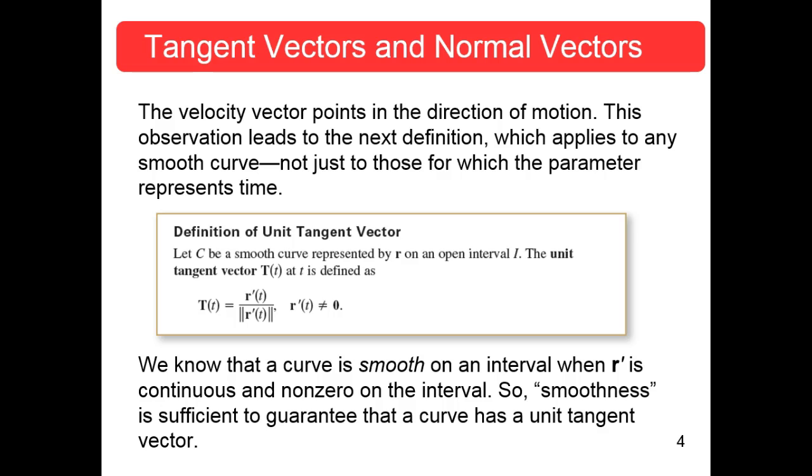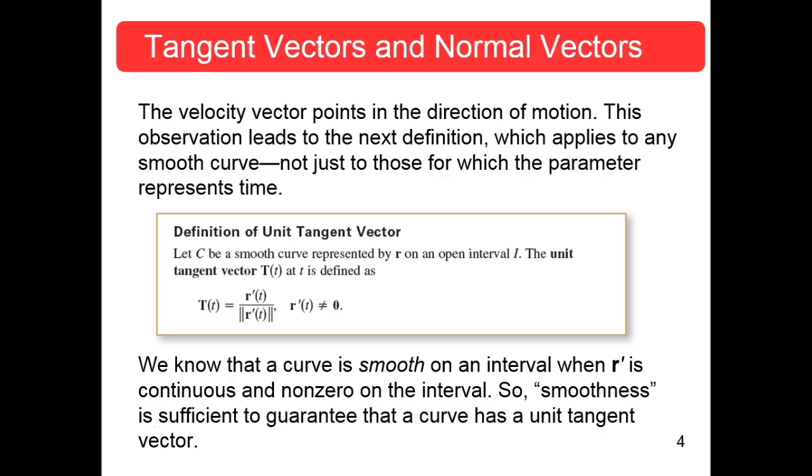Tangent vector, no matter what's going on here, whether R is displacement and t is time or whatever they happen to be, but that's going to be a tangent vector. Divide that by the magnitude of that tangent vector, and you're going to have a unit tangent vector. I mean, it's in the direction of the tangent vector with magnitude 1. That makes it a unit tangent vector. And that's capital T of little t.